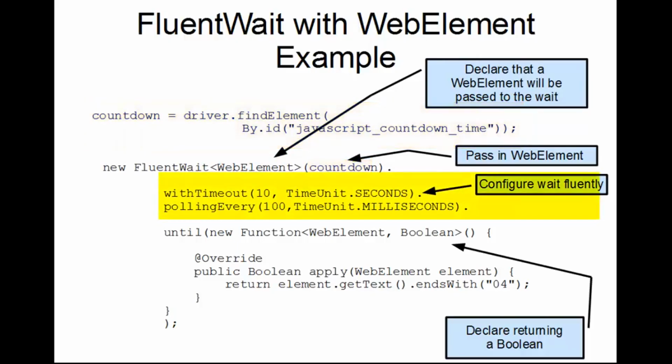I'm configuring the wait fluently with a 10-second timeout, polling every 100 milliseconds. Then in the until block, I'm creating a new function directly instead of an expected condition, a function which is going to take a web element in the apply method and return a boolean. This is showing you all the different aspects that you will probably need if you want to do things more flexibly with your waiting classes.